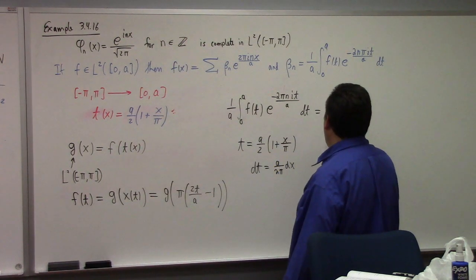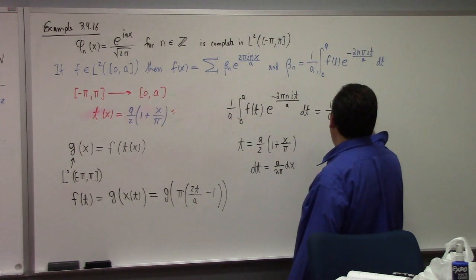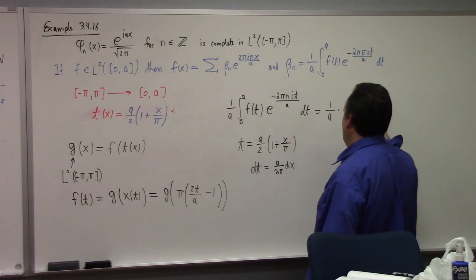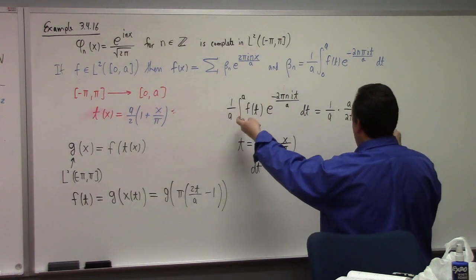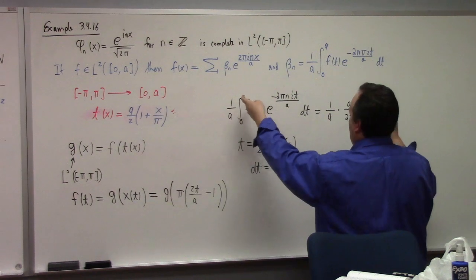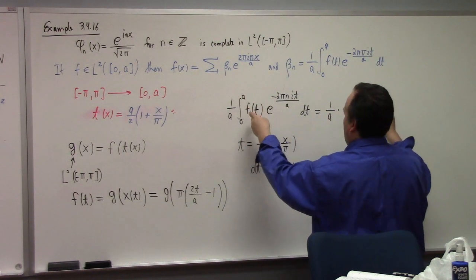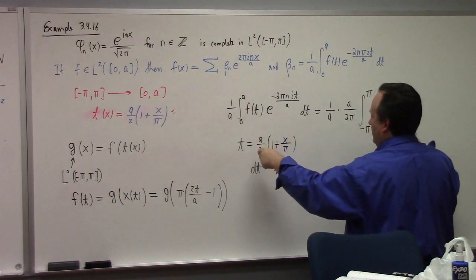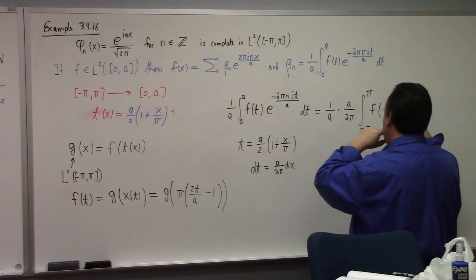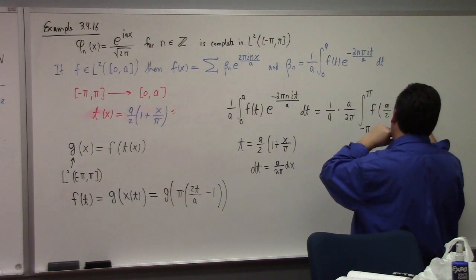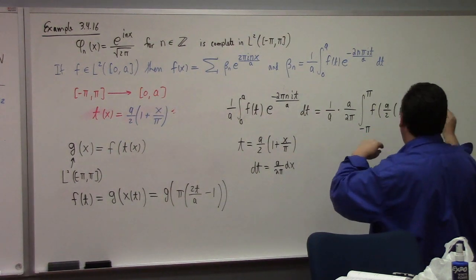And so we get 1 over a times a over 2 pi times the integral. In x, 0 goes to minus pi, and a goes to pi. And we have f of a over 2 times 1 plus x over pi, and then we have e.